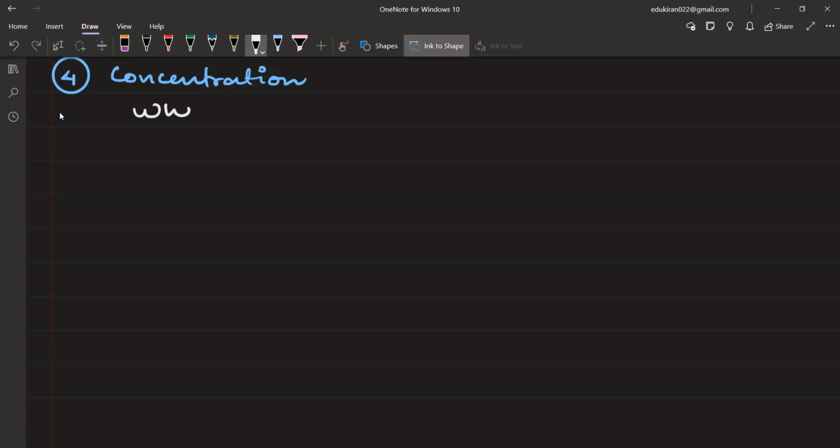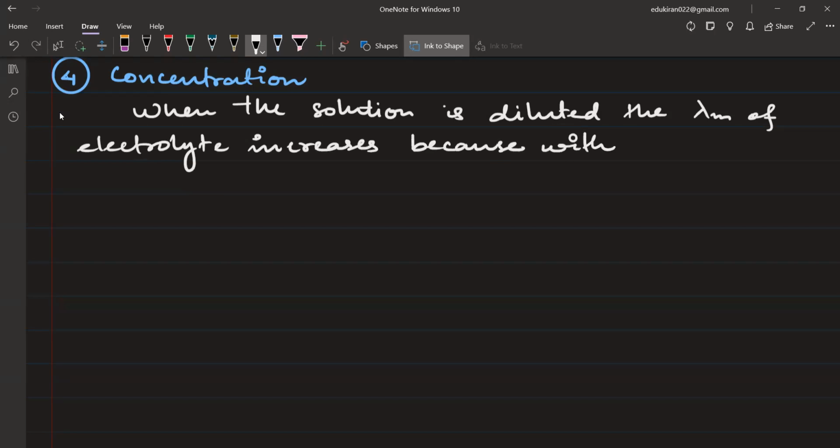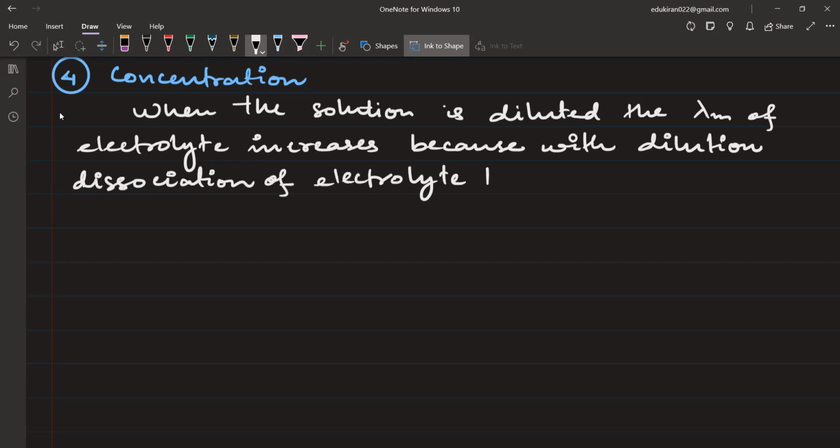We'll write it like this: when the solution is diluted, the lambda m of electrolyte increases, because with dilution the dissociation of electrolyte increases.